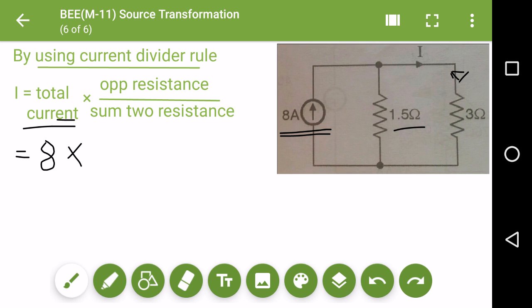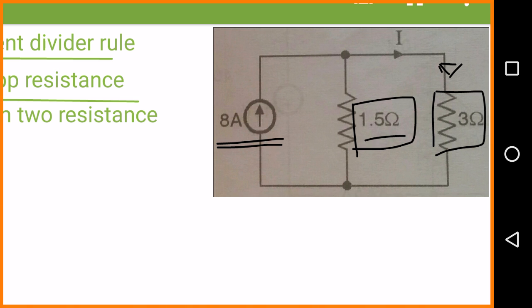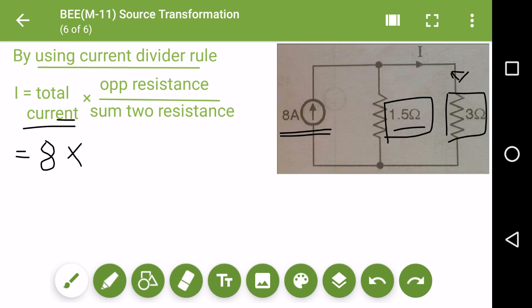This is my desired branch, and from this branch I need to find the current. So my opposite resistance is 1.5, because this is my desired branch. So 1.5 upon the sum of the two resistances, that is 1.5 plus 3.